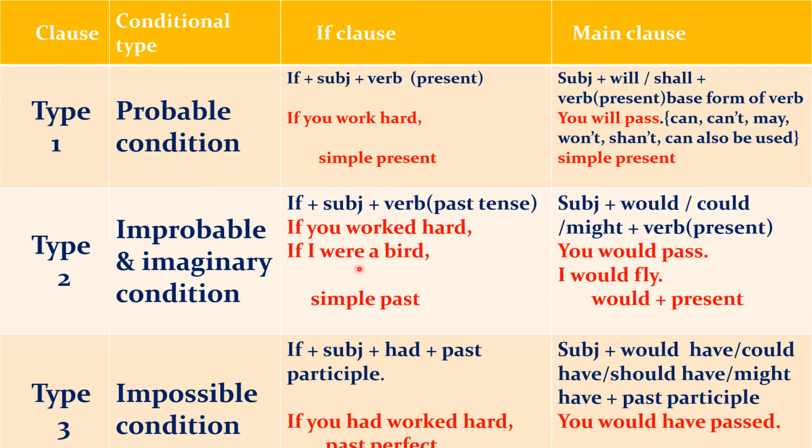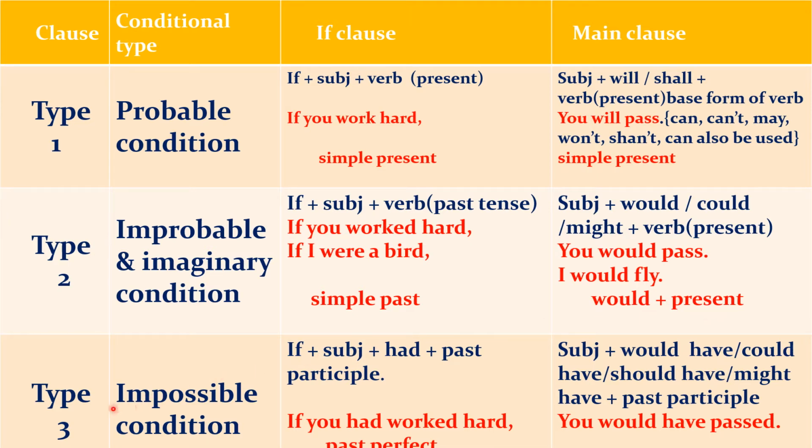Was is not correct. So in the second type, we are using simple past tense, and in the main clause would or could or might plus the present form.